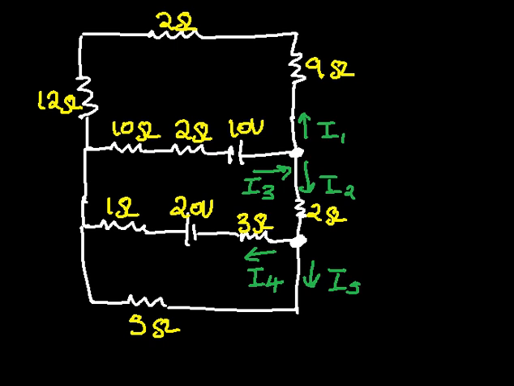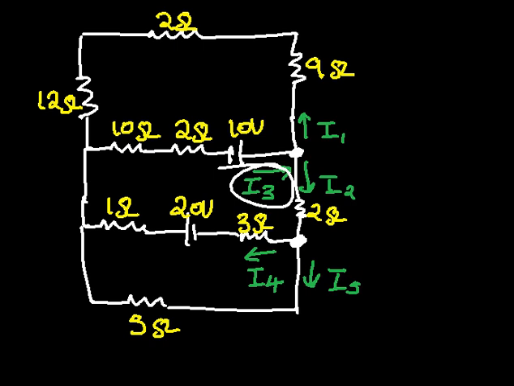But one thing you have to know and understand is that I1 is flowing in this direction. Of course, at each and every component, that is the current flow.